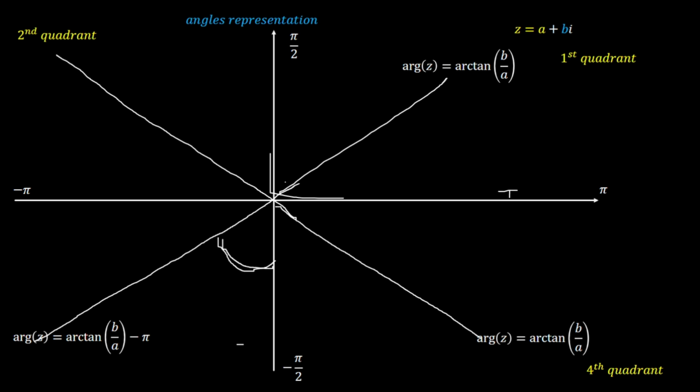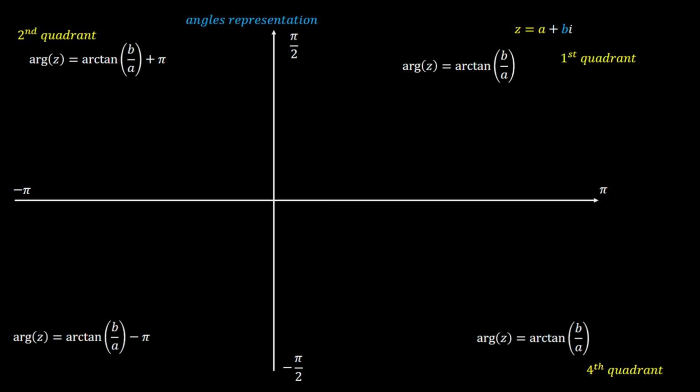That is the second quadrant. What's the angle theta? Here we have negative a plus ib, and here we have positive a and negative b, that is a minus bi. Here is what is happening, and we have the angle plus pi. That is what happens at that point.